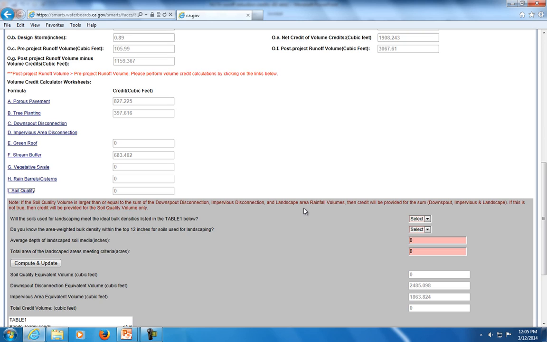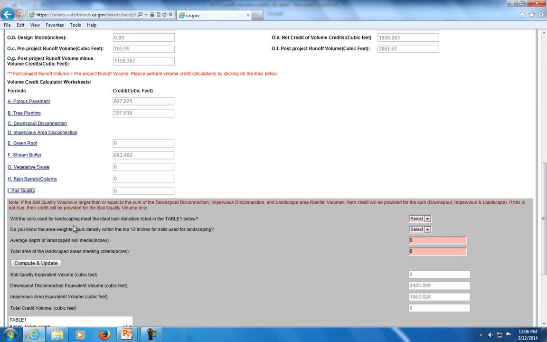And so what this little red note here is saying is, well, let's first do a check on how much volume is available in that landscaped area to accommodate the volume from downspout disconnection, impervious disconnection, and then that incidental precip volume that's fallen on the landscaped area. So that's kind of how it all fits together. And so then there's a whole series of questions that get at how much volume is available in that soil, and we'll go through each of those one by one.